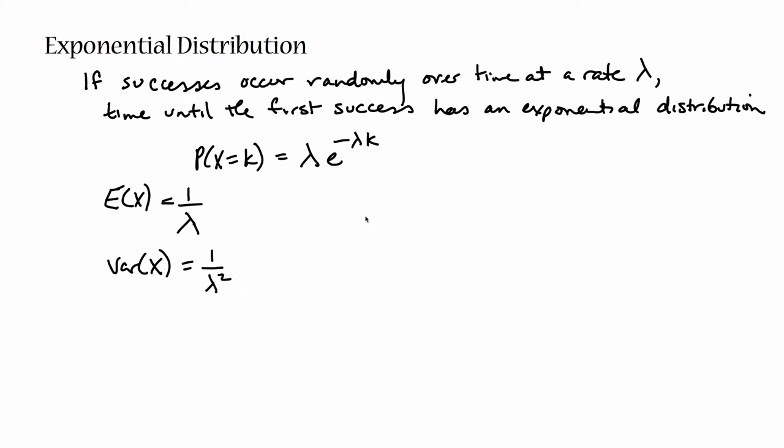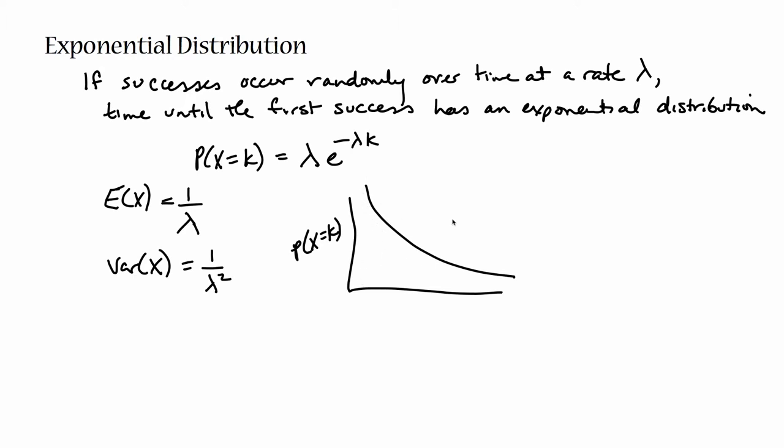What are the probability density functions going to look like? The simple probability density function, x is equal to k, tends to start high and just go down over time. Because we're waiting for our first success, it's less likely that the first success is going to be far out in time, and more likely that it'll be early.